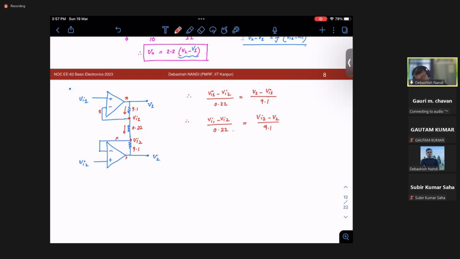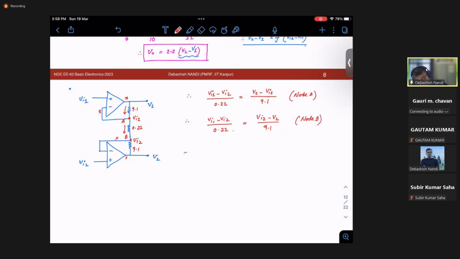Let's say this is node A, this is node B. Okay. So what I can see is that this is equal to this, so I can simply equate them.